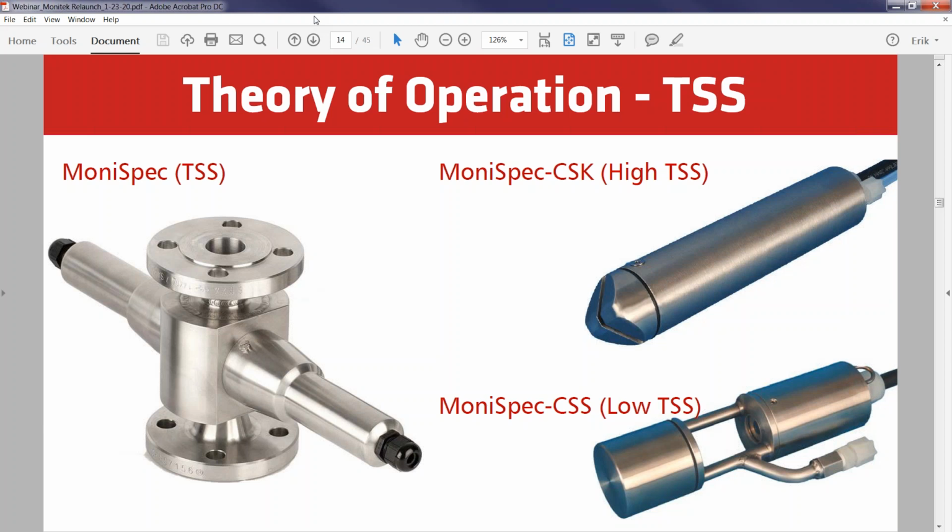These are typically used, the CSK and CSS, the CSS, let's go over, that's the lower TSS. That will measure relatively accurately from 50, 60 parts per million solids up to about 3000 ppm, so about 0.3%.